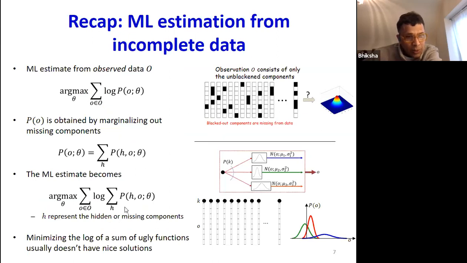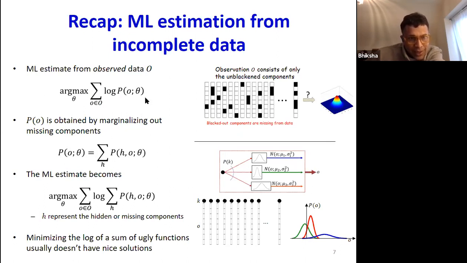So if all you observe is the data O, which are the observed components, then the distribution itself is over the complete data, which includes the observed components and the missing or hidden components. And so to get the probability of just the observed components, you would marginalize out the missing components by summing or integrating them out.